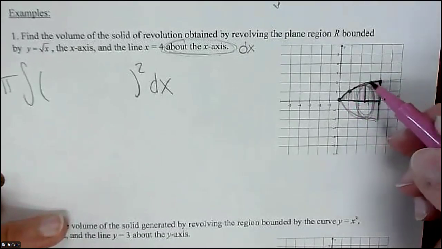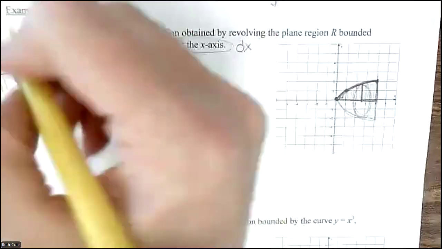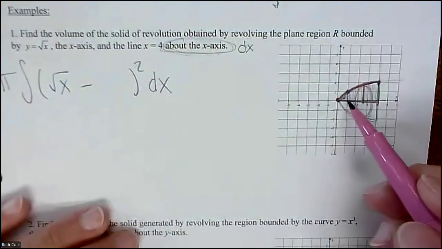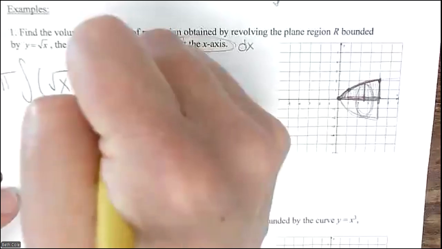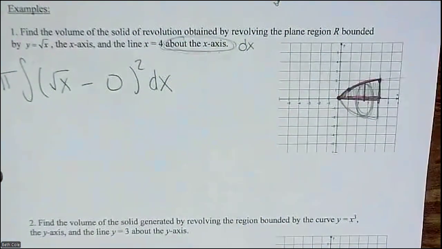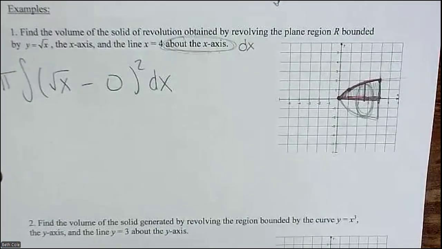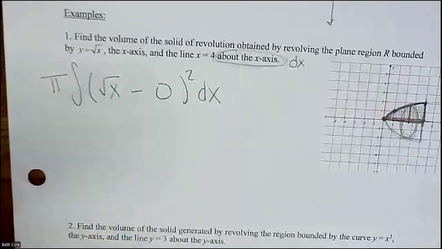The upper graph is this one, which is which one? Yeah, square root of x. Minus the lower one is the axis, which would just be 0. If you didn't want to write the 0, fine. I'm just trying to illustrate for you that it's still upper minus lower. Are you seeing? It's very much me pointing at it. I kind of can't force you to see it.